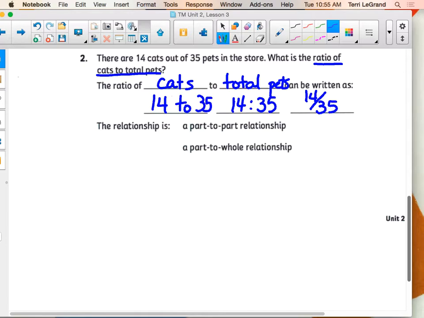Part-to-part relationship or part-to-whole relationship? Part-to-whole. What gave away the fact that this was a part-to-whole? What word? Yeah, the word total. Total pets, total. That's the whole, okay?